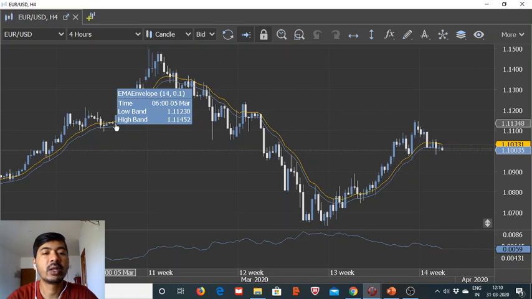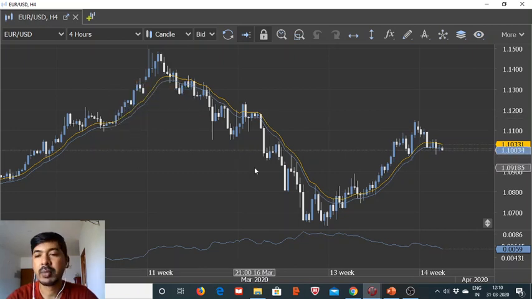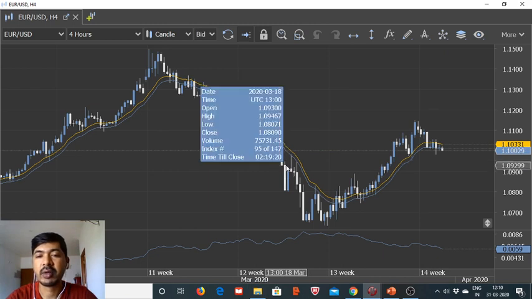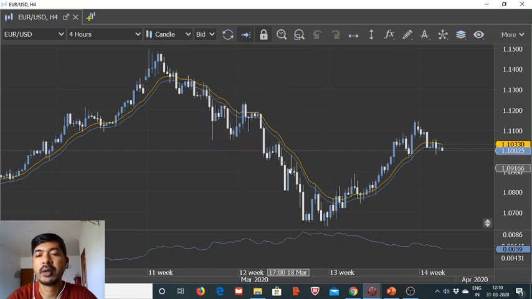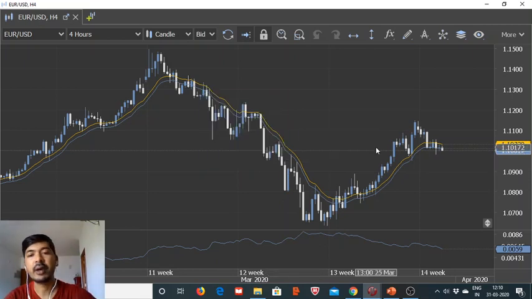The difference between the closing price and the opening price should be 30% of the ATR at the minimum, and same condition for the sell trade also. The difference between the open price and the close price should be at minimum 30% of the ATR. So that will remain the case.